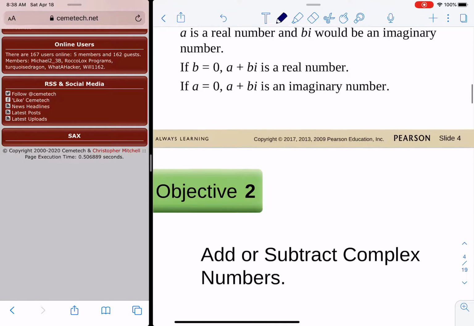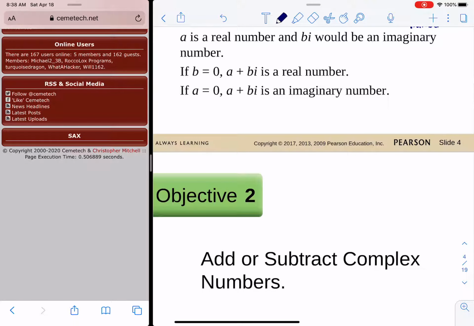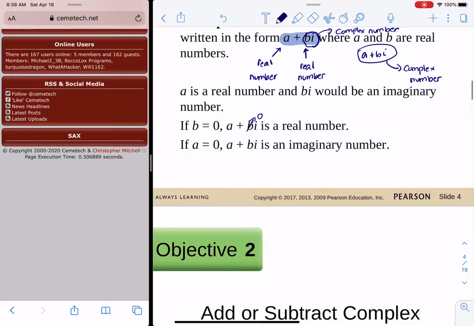So, of course, if you plug in b equals 0, that term would become 0. You simply get a. And a, I said, is a real number, so the resulting answer is real. So if the imaginary part is 0, then you get a real number. So what do I mean by the imaginary part? We have a plus bi.